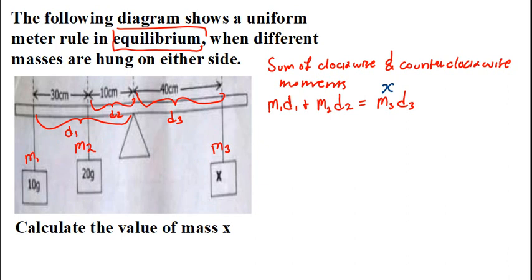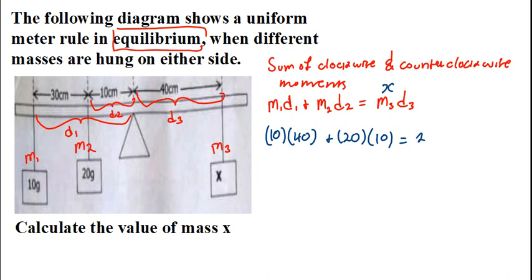Okay, so mass 1 has been given as 10 grams multiplied by distance 1. Remember, we are looking at distance from the pivot, the turning point. So the distance d1 from the pivot is actually 30 plus 10. That gives us 40 centimeters, plus mass 2, which is given as 20 grams, multiplied by distance 2, which is 10, is equal to mass 3, which is x, multiplied by the distance, which is 40.